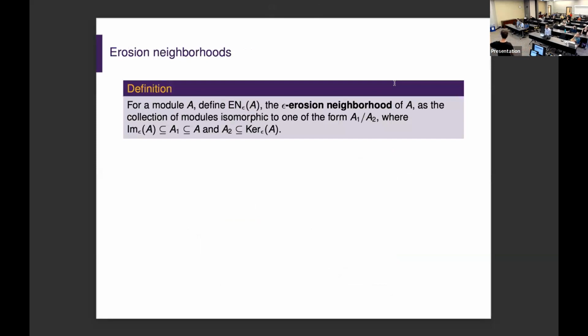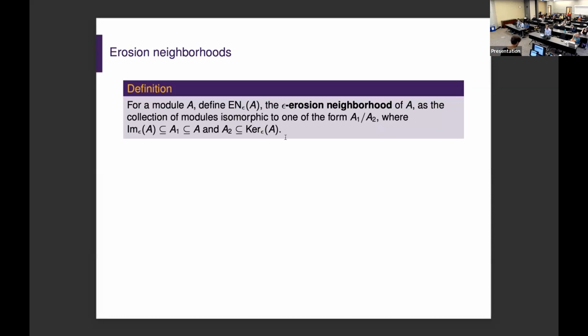So I'm defining the epsilon erosion neighborhood of A as a collection of modules that are isomorphic to one of the form A1 over A2, or A1 quotiented by A2, where, well, this is a bit technical, but A1 is squeezed between A and the epsilon image of A. And the idea here is that for small epsilon, this epsilon image is almost all of A, which means that A1 is also almost A. And similarly, in the opposite direction, we have that A2 is something that's within epsilon of the 0 module.